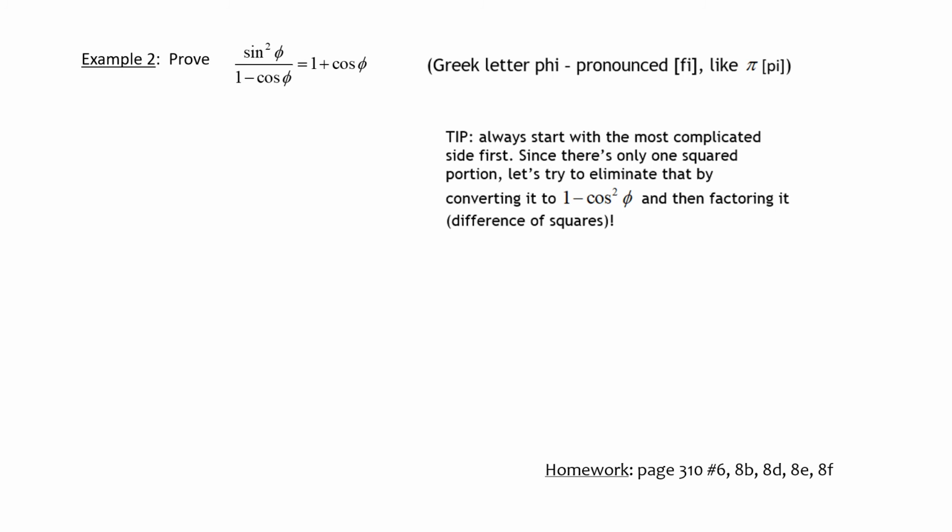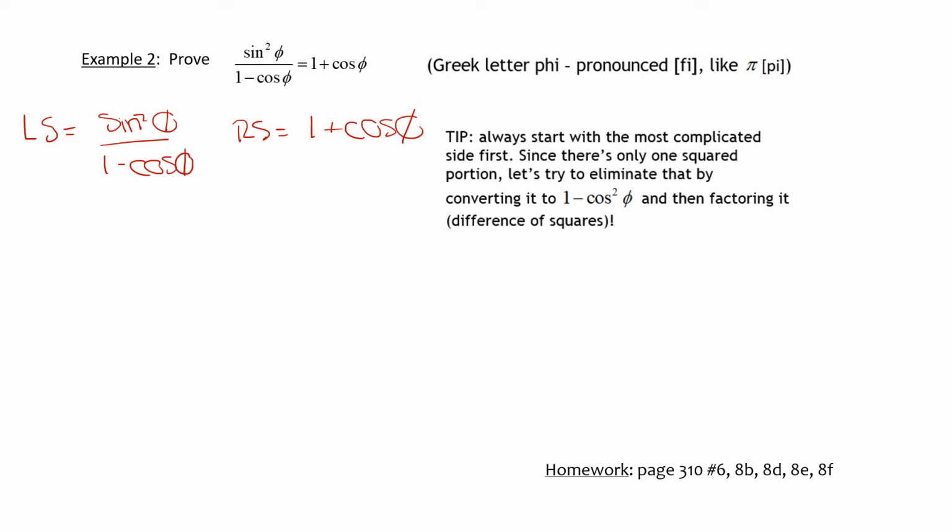Remember to set it up properly. When you do a proof, you have a left side and you have a right side. So my left side is sine squared phi over 1 minus cos phi. And on the right side, I've got 1 plus cos phi. As I pointed out, I've got one term that's squared, but nothing else is. So I'm going to get rid of that squared. I'm going to use the Pythagorean identity.